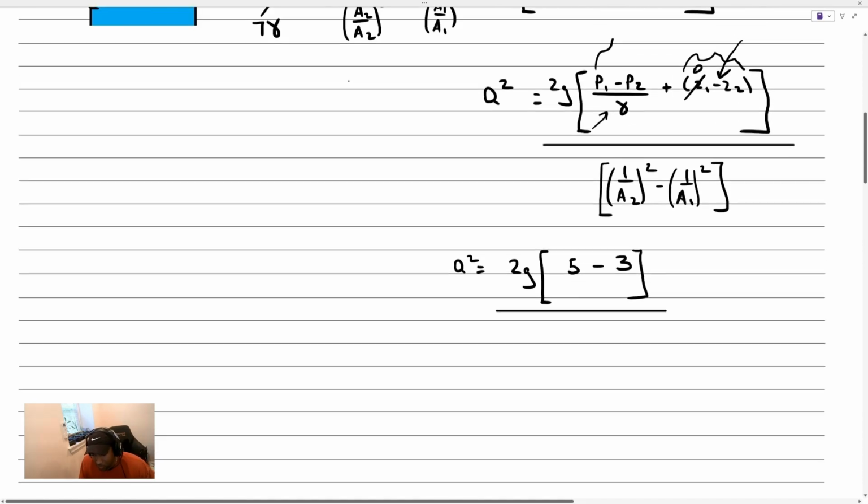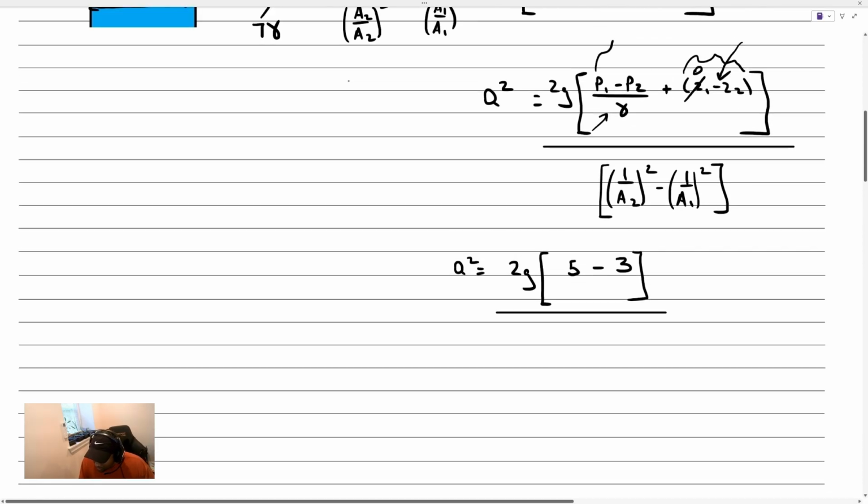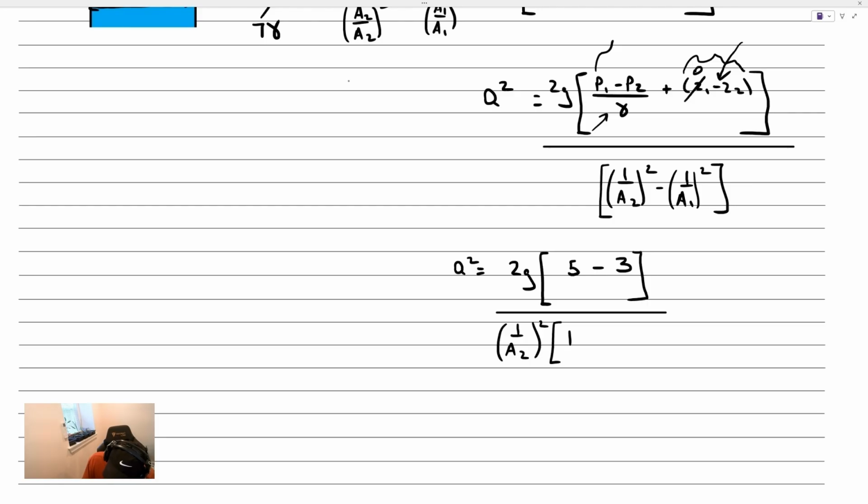And then for the denominator, I like to write it in terms of non-dimensional ratios. So if we factor out a 1 over A2 term in the denominator, what I get is a 1 minus an A2 over A1 squared term right here. What is A2 over A1? Remember that A2 was just pi d squared over 4.